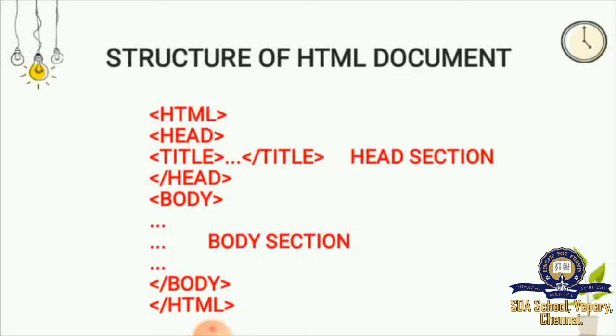It supports all the contents such as text, hyperlinks, images, special characters, lists, tables, frames and forms. Are you clear about the structure of an HTML document? It has only two sections, the head section and the body section.